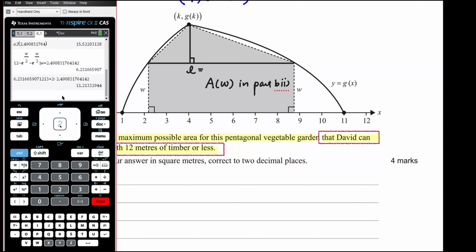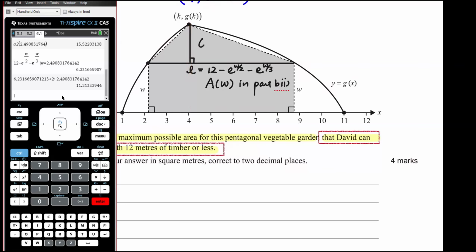We know this L is 12 minus e to the power half W minus e to the power third W. And this thing here, it's W. And this y value here is 6 natural log 2.